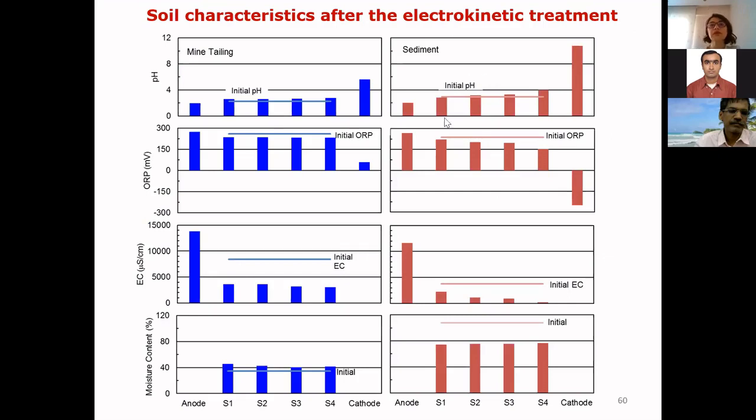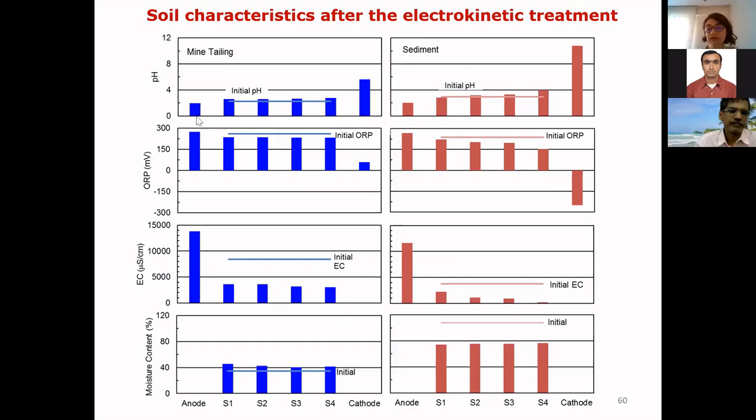Also, we determined the soil characteristics after the treatment. Here. After the treatment, sediment was slightly acidified in the first section due to the penetration of the acid front from the anode.